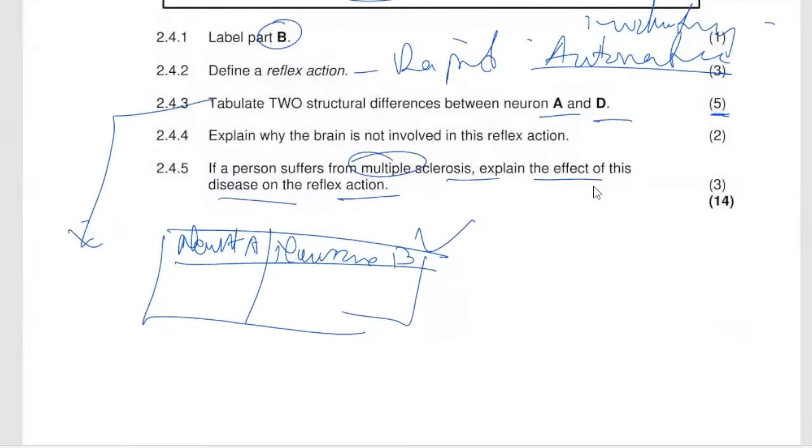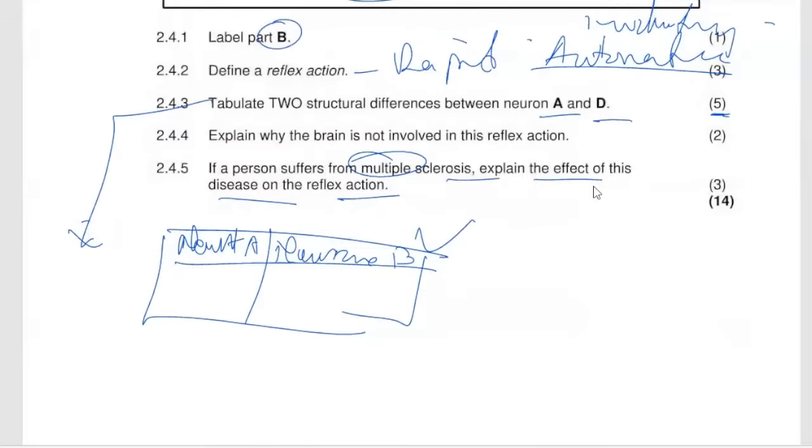Remember, this is the disorder which is a result of the degeneration of the myelin sheath. If the myelin sheath is broken down, then we're going to suffer from slow reaction, because the function of the myelin sheath is to speed up the transmission of impulse.